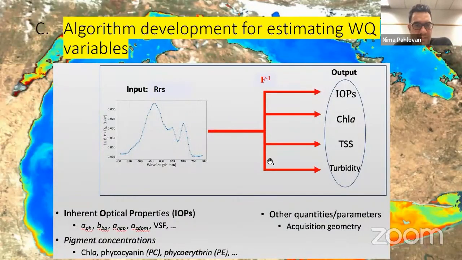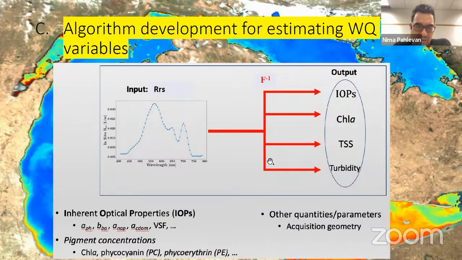What we have here is algorithms. Essentially, I touched upon it. I'll try to be quick here, but really the goal is to obtain pigments like chlorophyll A, parameters like total suspended solids, or TSS, or inherent optical properties like absorption and scattering parameters from RRS. This is a one-to-many mapping. You need to come up with an inverse function to be able to retrieve these parameters.